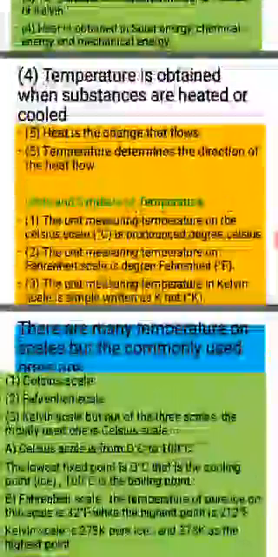There are many temperature scales, but the commonly used ones are 1. Celsius scale, 2. Fahrenheit scale, 3. Kelvin scale. But out of the three, the mostly used one is the Celsius scale.